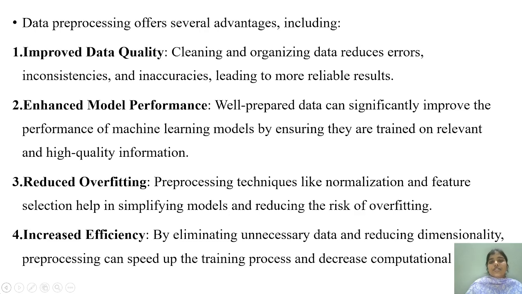It offers several advantages: it improves data quality by reducing errors, inconsistencies, and inaccuracies. If the data quality is high, the model performance would also be high. It also reduces overfitting by using techniques like normalization and feature engineering. So it also increases the efficiency of the output.